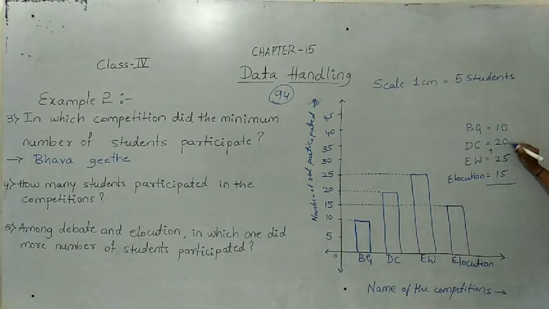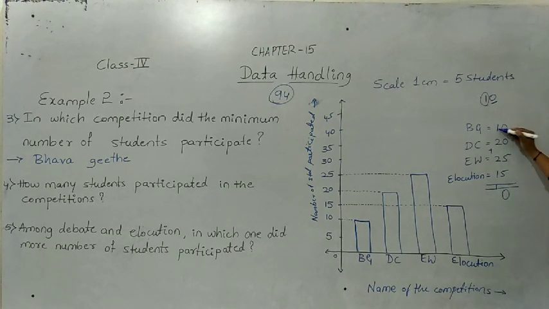So 0 plus 0, that is 0 only. 0 plus 5, 5. 5 plus 5, 10. We should take one carry here. We should write 0 here. If the answer comes 10, the ones place should be written downside and the tens place we should take as carry.